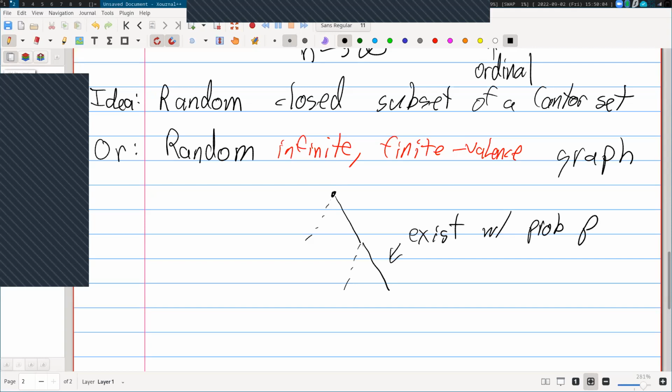And you could also add to this, you could put in a loop at each node with probability q, right? And then at least represented in your probability space is every possible random graph, right?